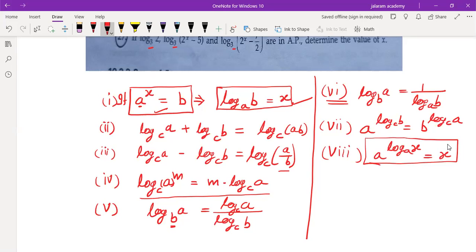All the properties actually will be used, but some properties are used more than others. The first, second, third and fourth properties are used mostly in the questions. And the next is this, a to the power log x base a. Both the bases are a, so the value is x. So these are the properties of log in short, which you have to learn. Okay.